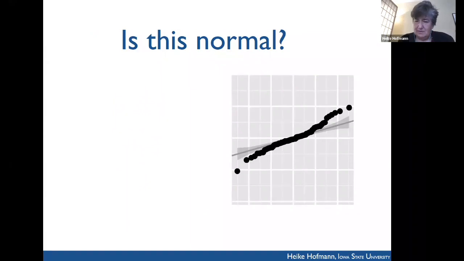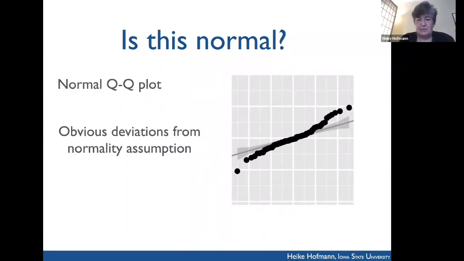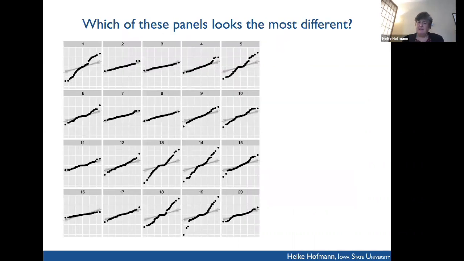And I think we can all agree that there are obvious deviations from a normality assumption, particularly if this region in light gray in the background is supposed to show a confidence interval. So yeah, probably there are some deviations. Now the question is, are these actually terrible deviations?